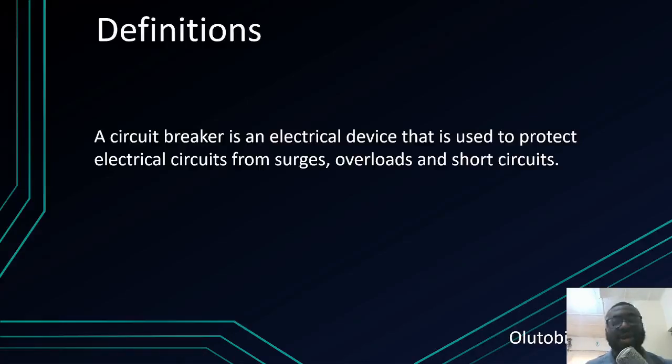A circuit breaker guards against this in that once there is a malfunction in a circuit, the breaker opens that circuit and disables whatever is flowing through that circuit.